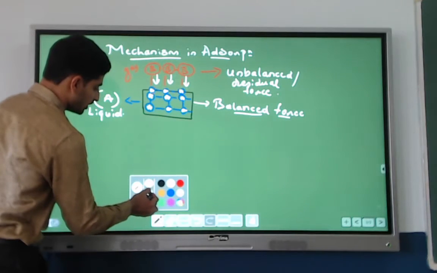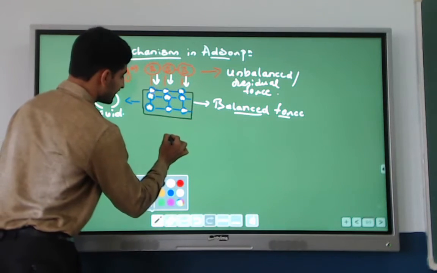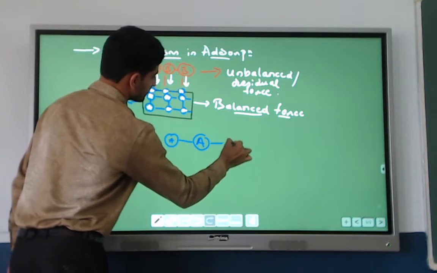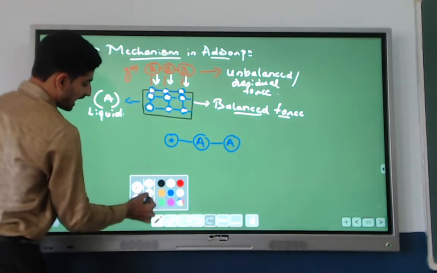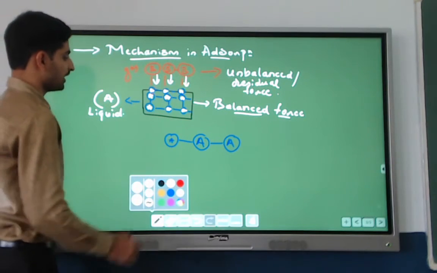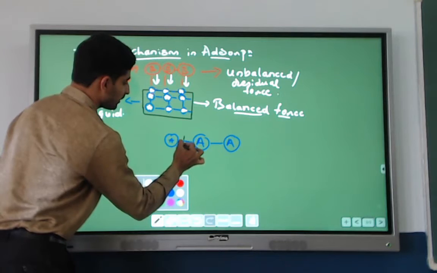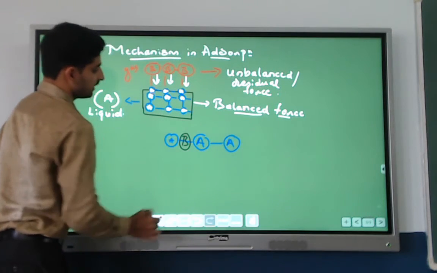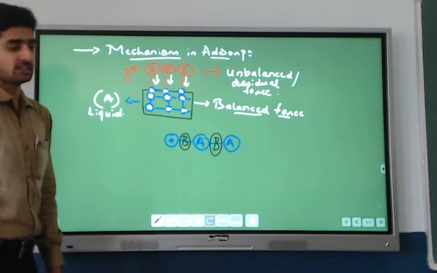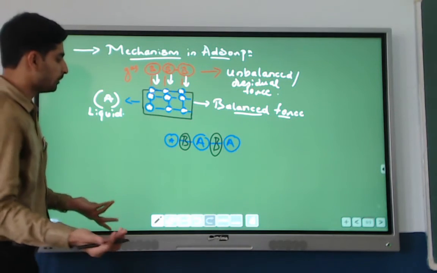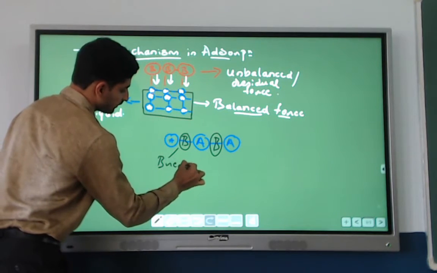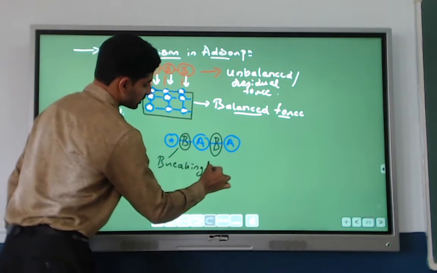Now, what is going to happen? This is the condition on the surface. As it starts attracting the gas molecules from the surface, the gas molecules start coming and settling in between these A molecules. How will it be possible? Breaking and rearrangement.